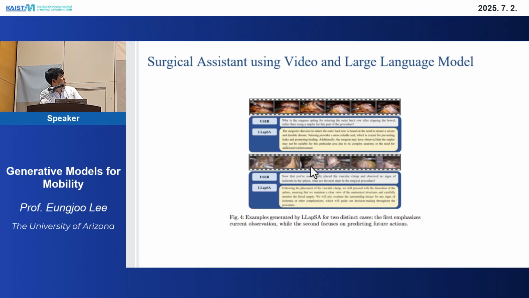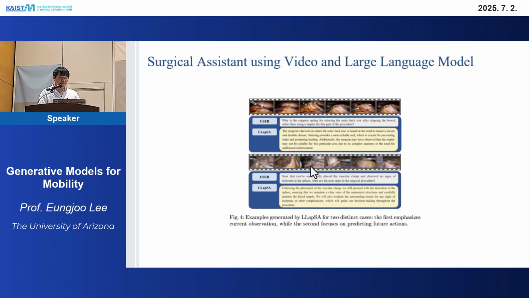So what if you have this type of videos and a user or clinician can ask about these scenes. Sometimes a resident, which is like a novice clinician, would not have a deep understanding of these videos. So what if the clinician asks some question about this surgical scene? The output that we are getting would be a description of the surgical video.